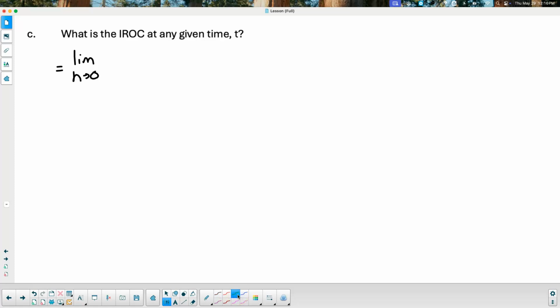So that's going to be t plus h quantity cubed minus 3 times t plus h quantity squared minus f of t, which was t cubed minus 3 t squared, all over h.